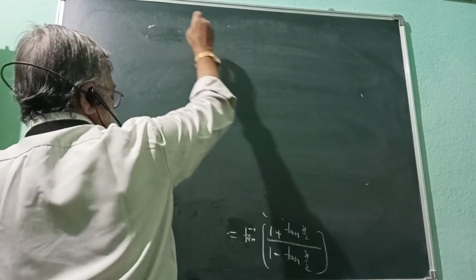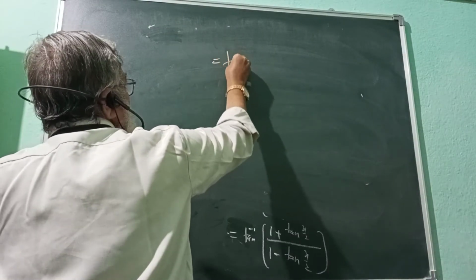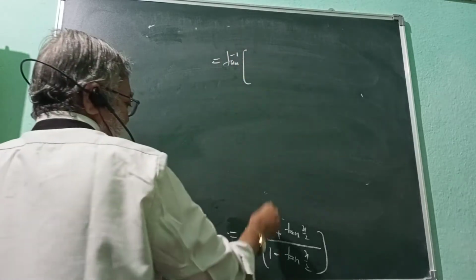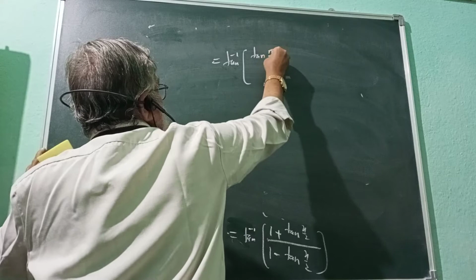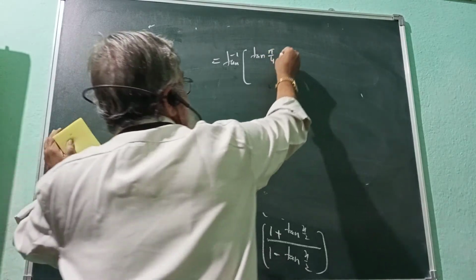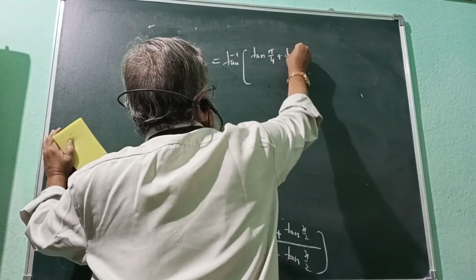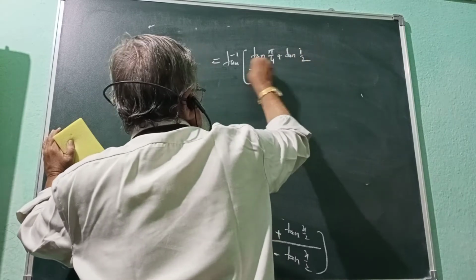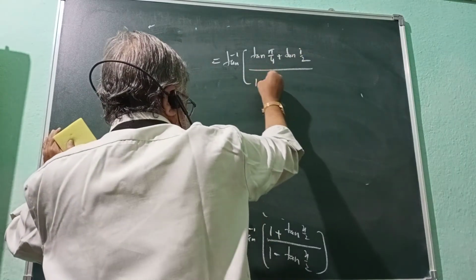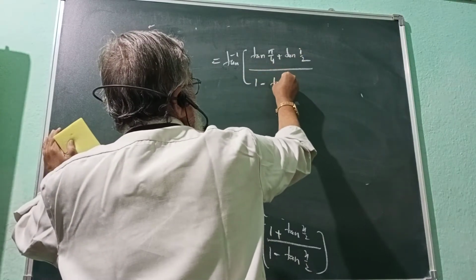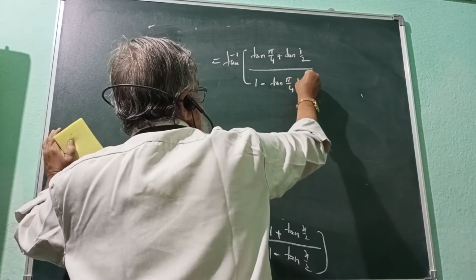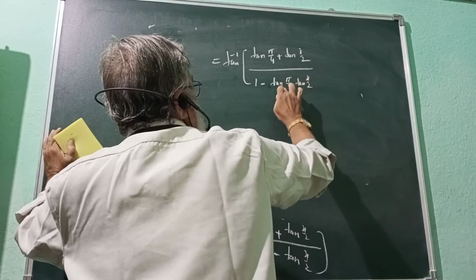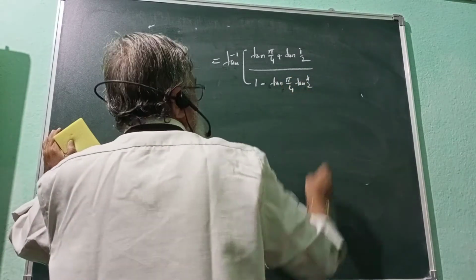Write this as tan inverse of, 1 can be written as tan 45, that is tan pi by 4, plus tan x by 2, divided by this 1. We keep it as it is to adjust in the formula, and we multiply by tan 45 ourselves to adjust in the formula, because the value of tan pi by 4 into tan x by 2 will be tan x by 2.